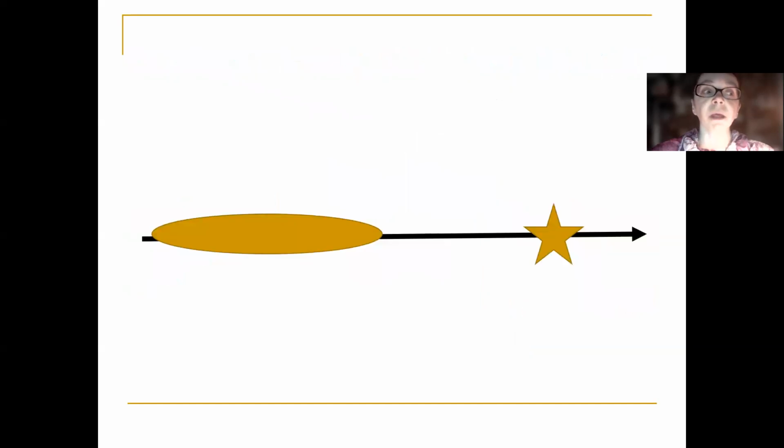So if we look at the timeline, it will be something like this. For instance, my head aches. I've got a headache, because I have been using my computer for over 5 hours.